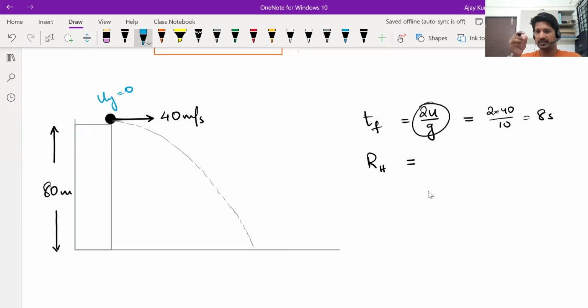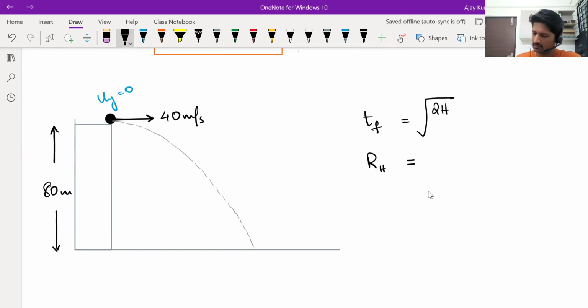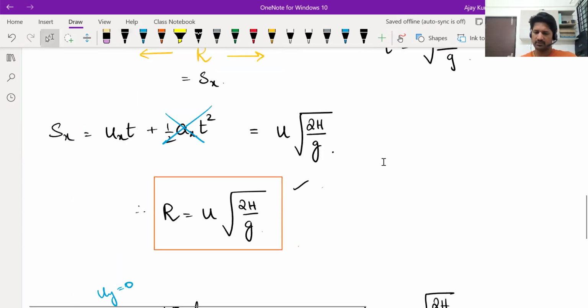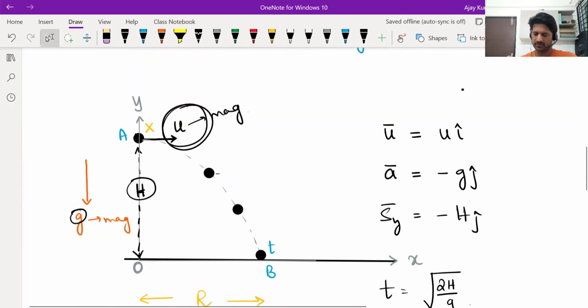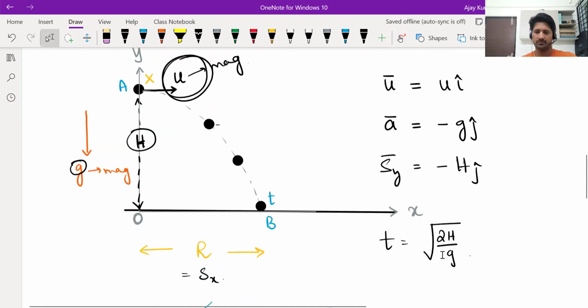X direction it has velocity, y direction it was at rest. So it just has to descend 80 meters starting from rest. And time taken to descend a certain height starting from rest is always calculated as under root 2h by g. Okay, that is what we had just discussed. Time of descent, time taken to go from A to B is under root 2h by g.